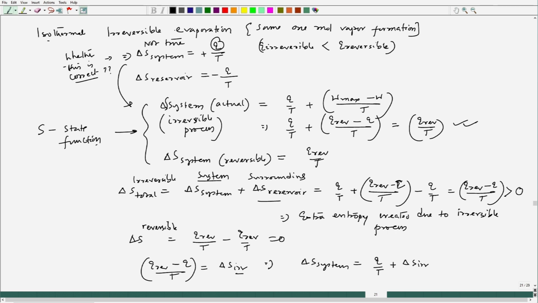Okay. So, now I can actually have a judgment. What would be the degree of irreversibility? And this degree of irreversibility will be decided by the loss of work. If all the work is lost, like free expansion, everything would convert to entropy. So, we will not get any quantity of heat or any quantity of work from the system. So, that means the entire work will be lost.